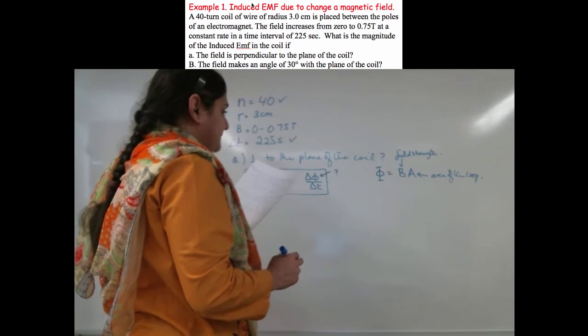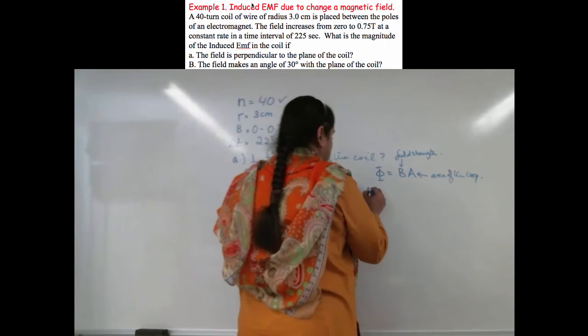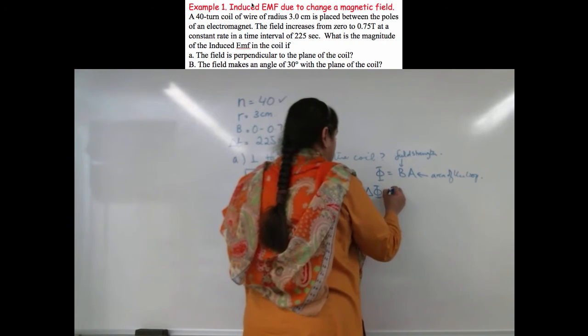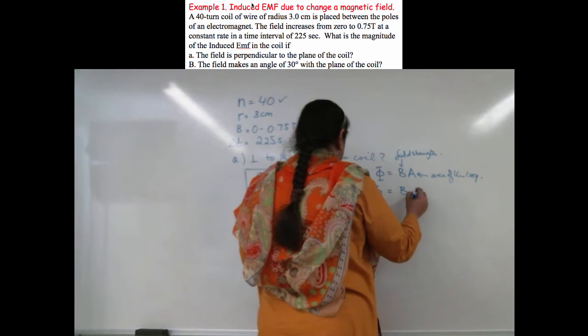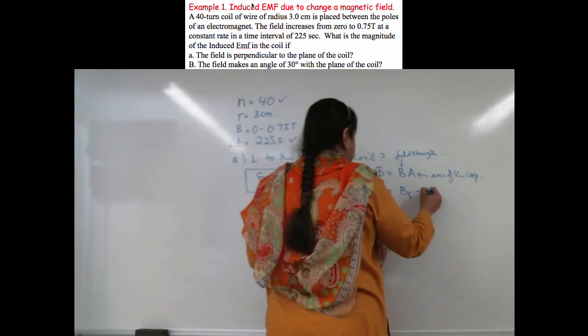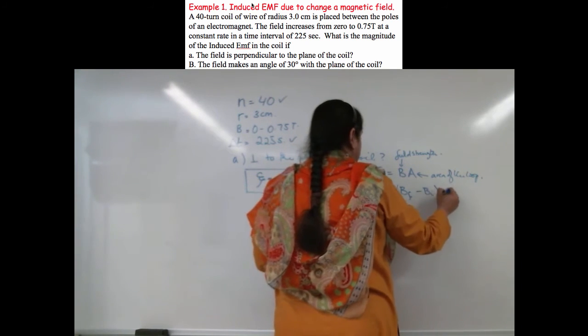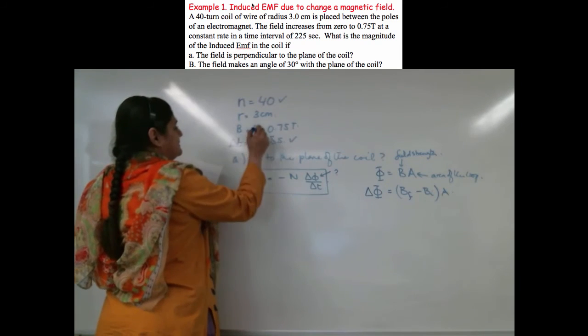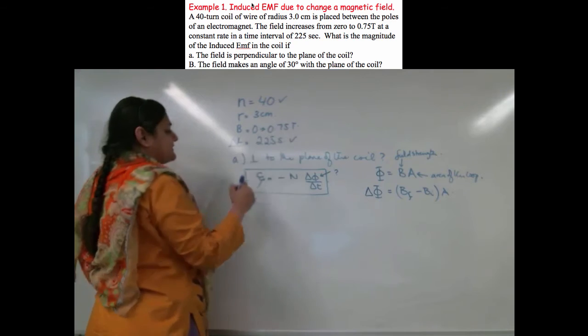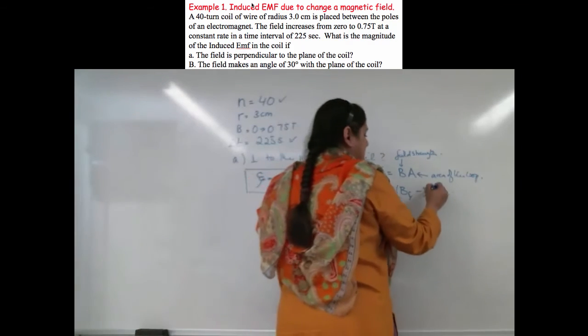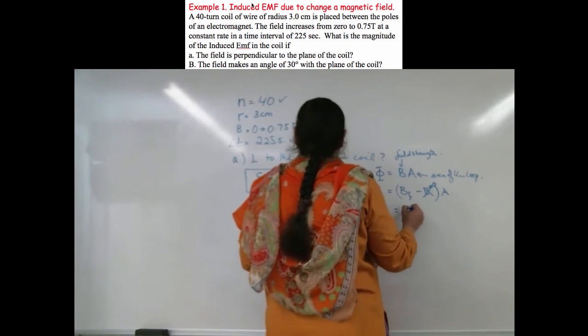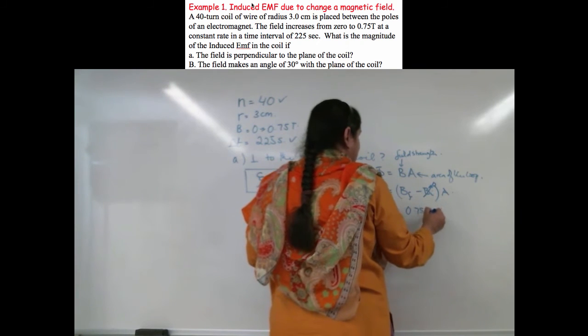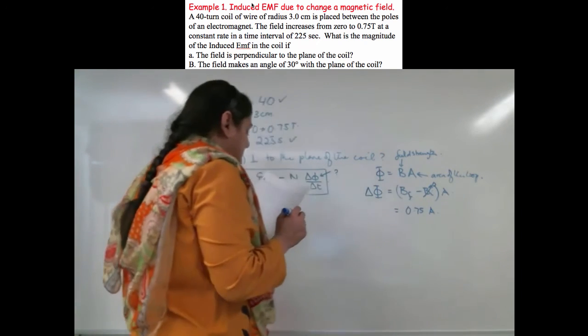Delta phi is equal to the change in B, B final minus B initial, times the area. So what does it say? It said that my B field varies from 0 to 0.75. So my B initial was 0 and my B final was 0.75. Now how do I find A?